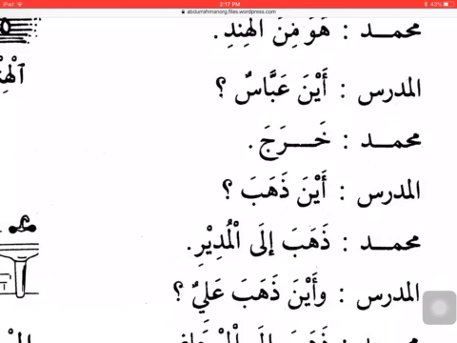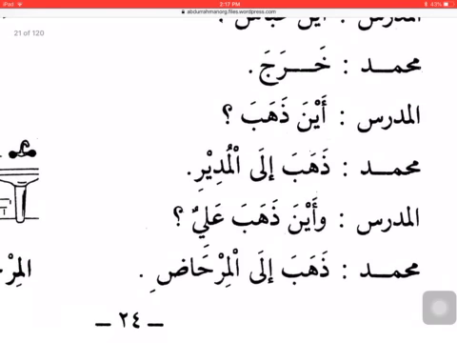Kharaja is a verb. This is a past tense verb. Kharaja means he went out or he left. So Abbas, he went out.